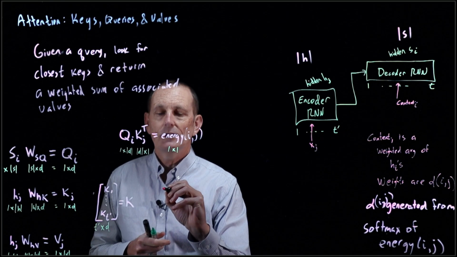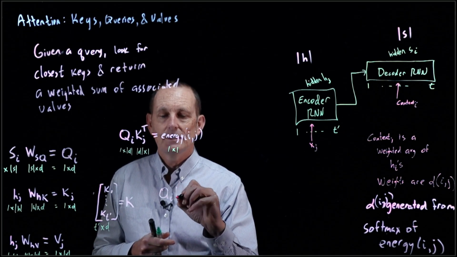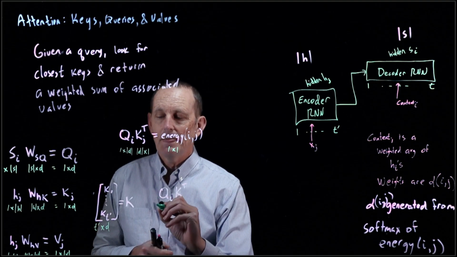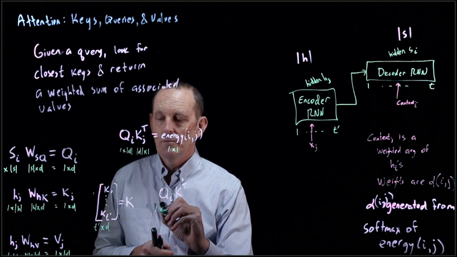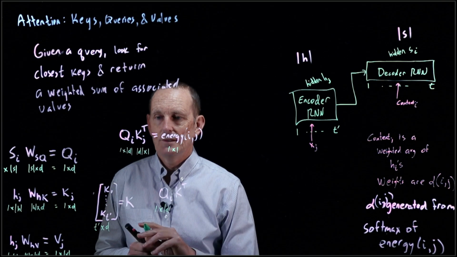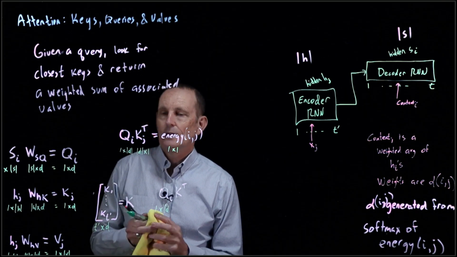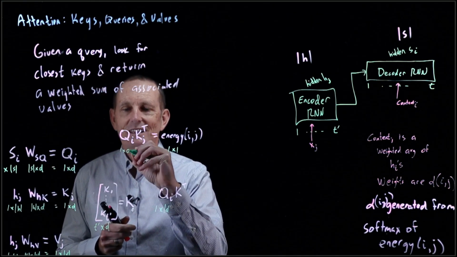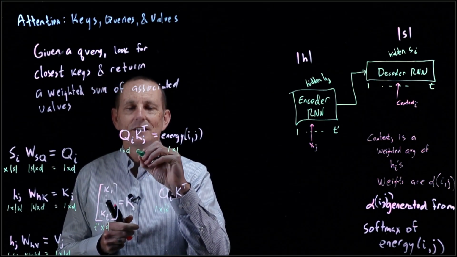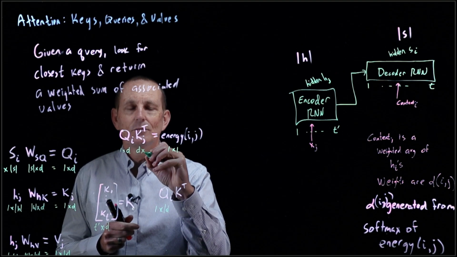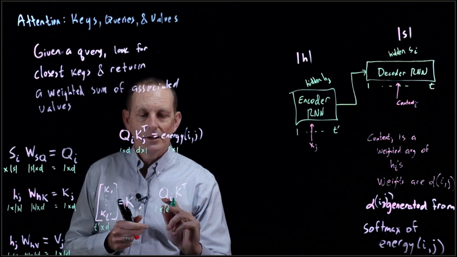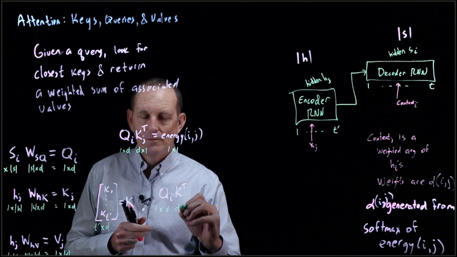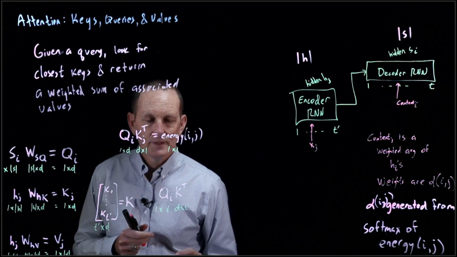So what we note is if we take Q_i times K transpose, again, looking at the sizes here, this is a 1 by D. So let's go ahead and fix this. D is, of course, a constant. It's not a size. And this is a D by T prime. Here we have a 1 by D and a D by T prime.